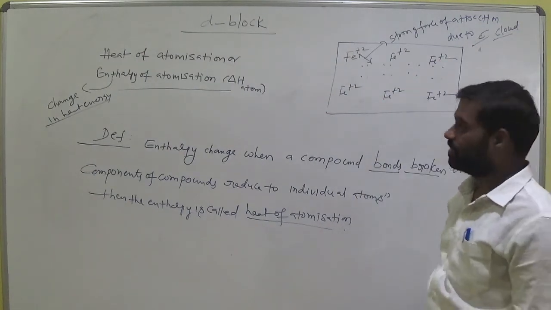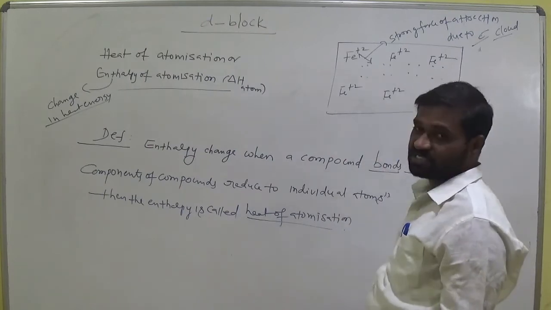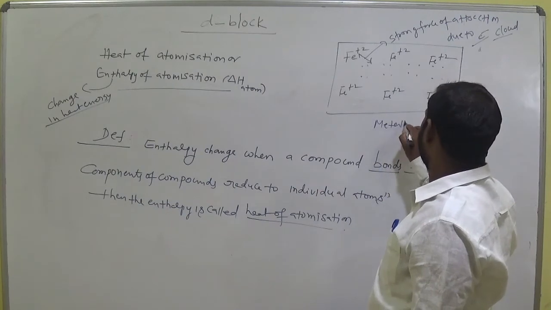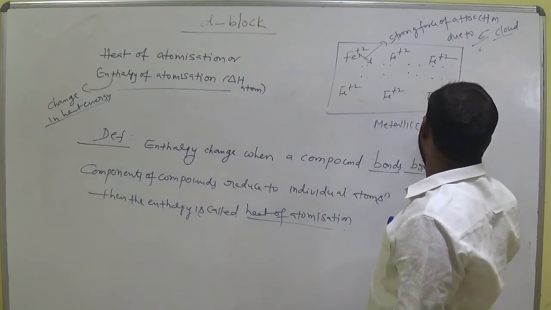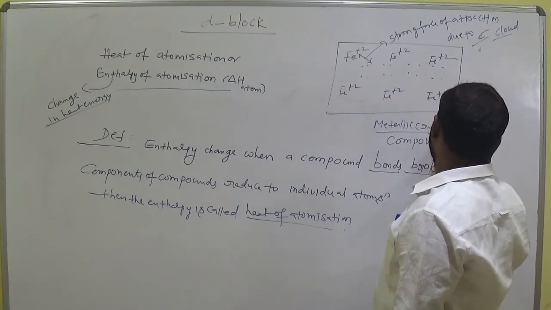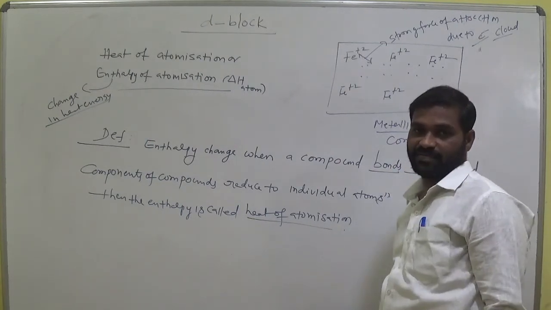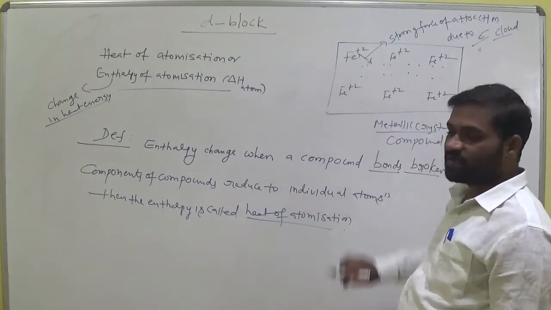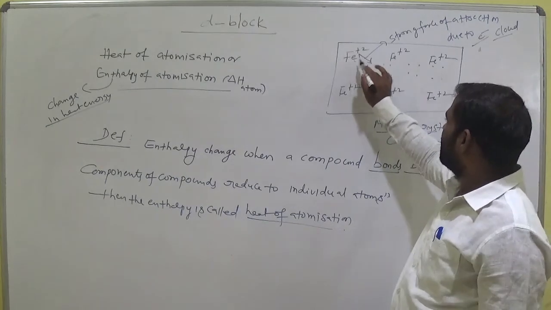More electrons are available here, so strong attraction forces are there. This metallic crystal is nothing but a compound, because it consists of a number of atoms and is just considered as a compound. There is a strong force of attraction between these atoms.